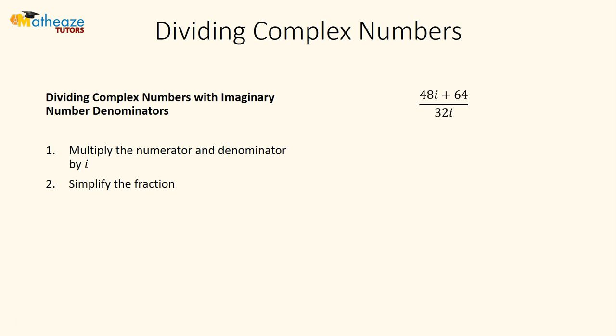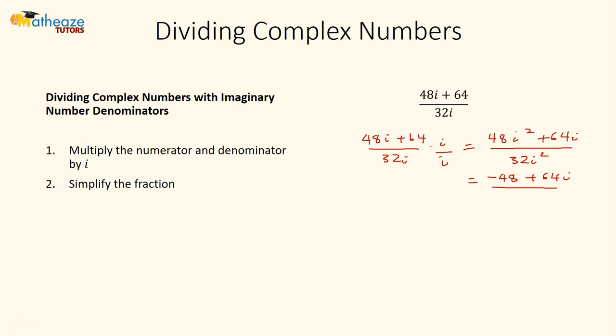Now let's take a look at this. Same method follows. So 48i plus 64 over 32i multiplied by i over i is going to give us 48i squared plus 64i divided by 32i squared. This is going to give us -48 plus 64i divided by -32.